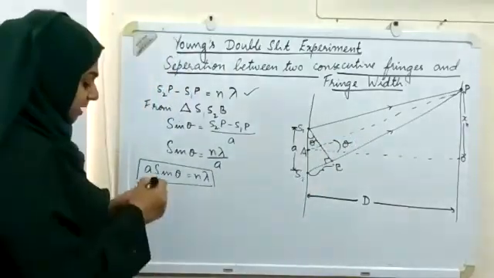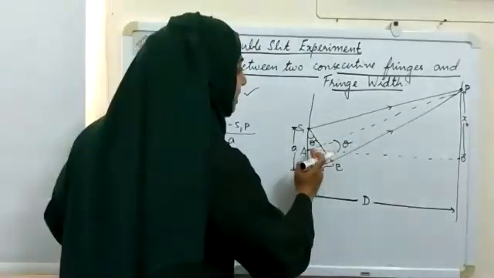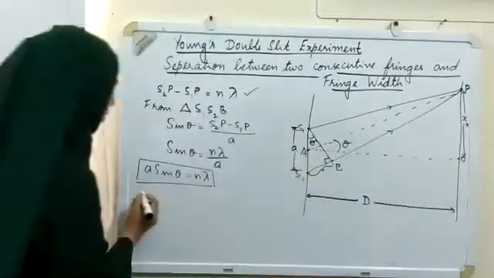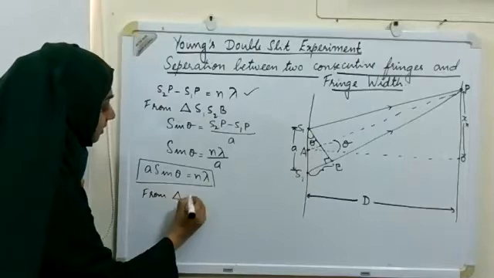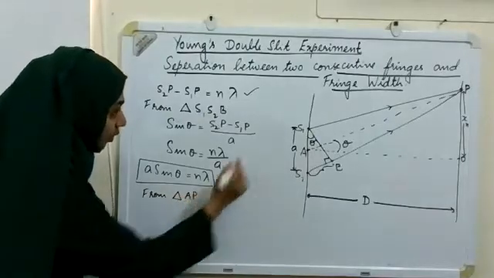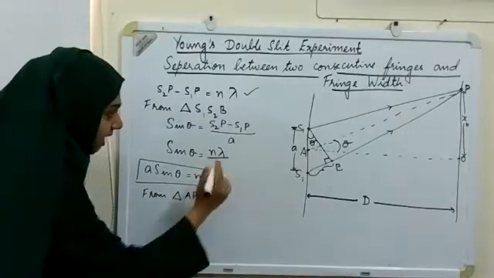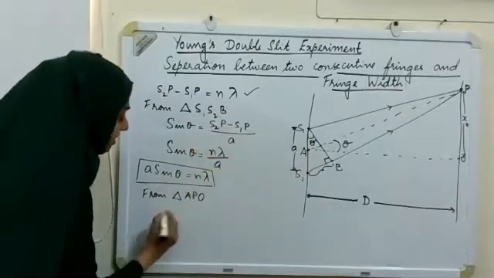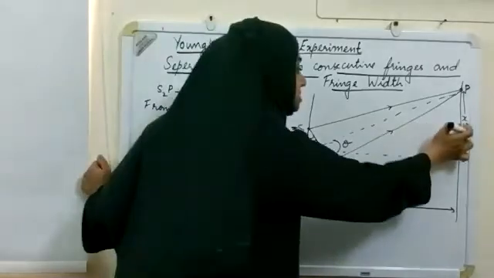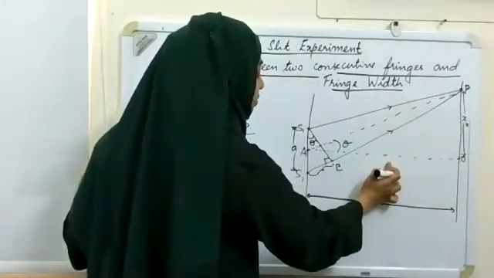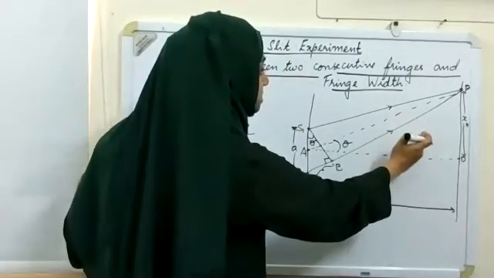So let me take the triangle APO. From triangle APO, I can write tan theta. Tan theta means opposite side by adjacent side. So what is the opposite side?